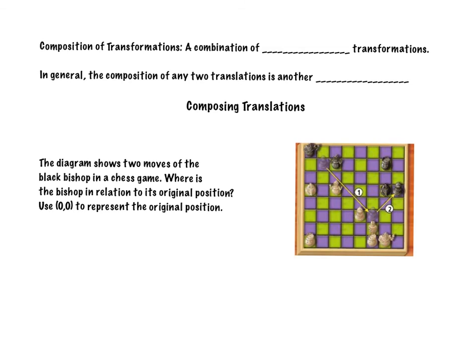Last thing that happens sometimes is we have a composition. A composition of transformations is a combination of two or more. And when we talk about translations like we're talking about today, any composition of two translations is just another translation.